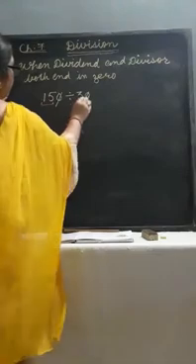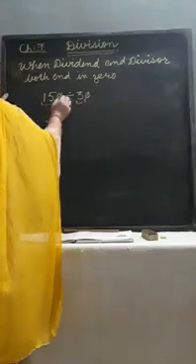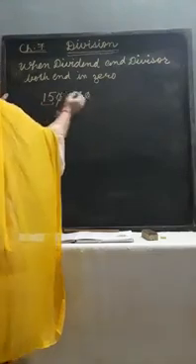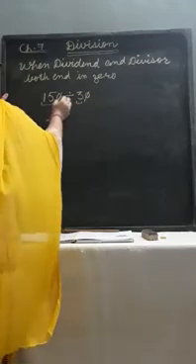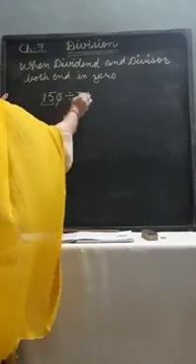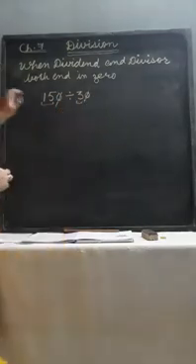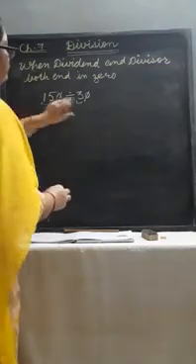We will cross 1 zero from both and divide 15 by 3. 3 5s are 15. So our quotient will be 5.